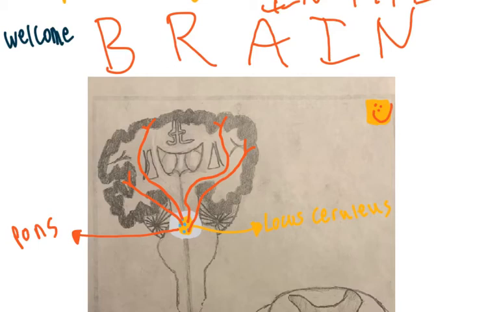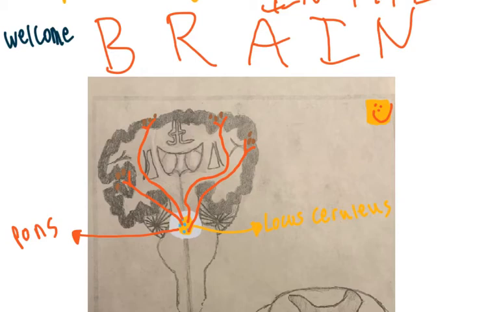So what's going to happen is we're going to have vesicles at the end of our synapses, right? Our synapses and our neurons that are going to release our norepinephrine. All right, so we're going to have norepinephrine release into our cerebral cortex. All right, and again, these are noradrenergic neurons because it's releasing noradrenaline.